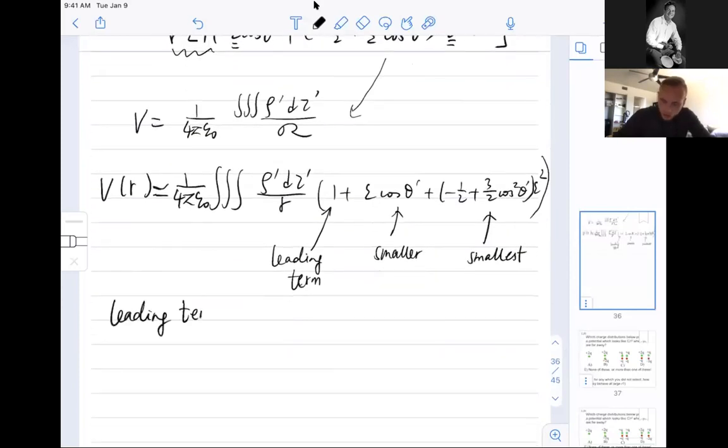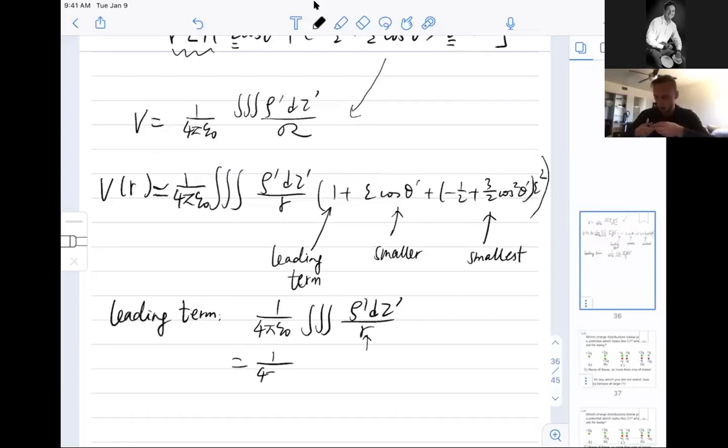The leading term is going to be 1 over 4 pi epsilon naught, simply the integral of rho d tau over r. Now, of course, you're integrating over the source, and r is independent of your charge. So you can also write this as 1 over 4 pi epsilon naught, 1 over r, times the integral of rho d tau.